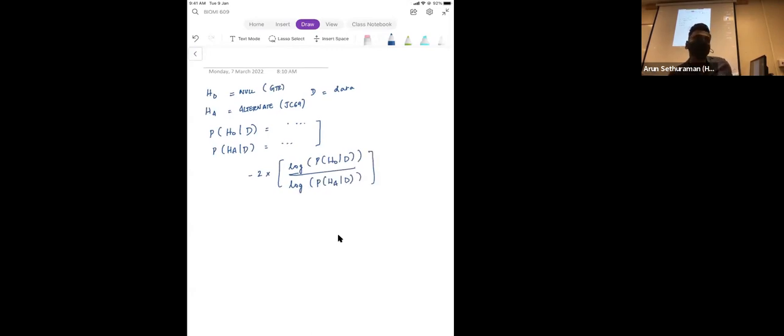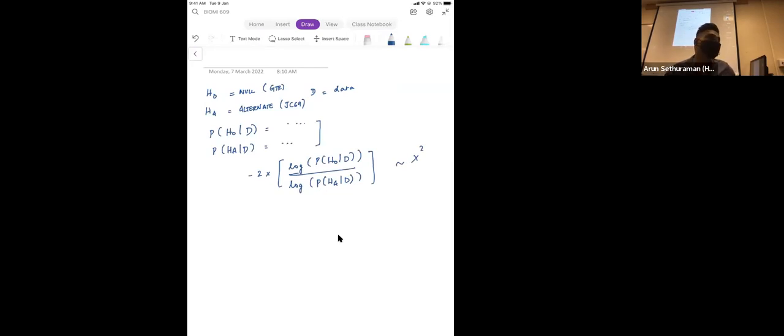If you compute -2 times the log likelihood ratio, in other words, -2 times log of the probability of H0 given D divided by log of the probability of HA given D, this, as it turns out, is chi-squared distributed.